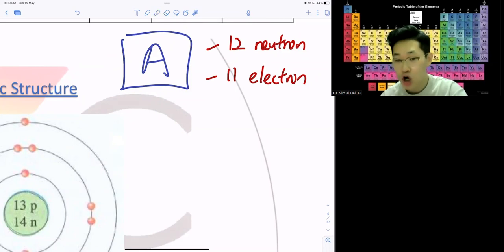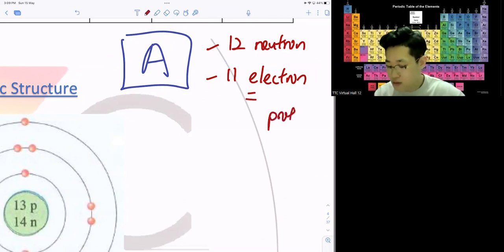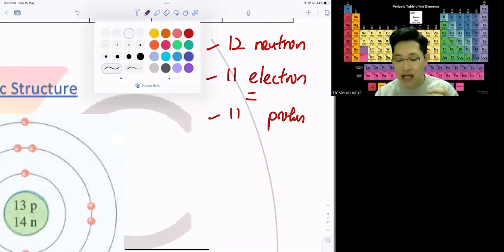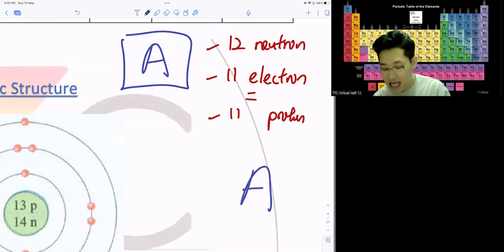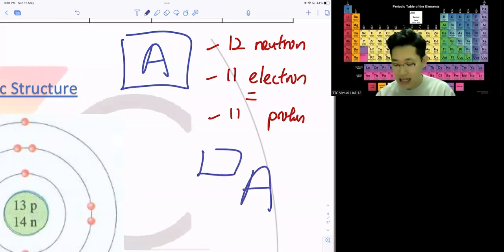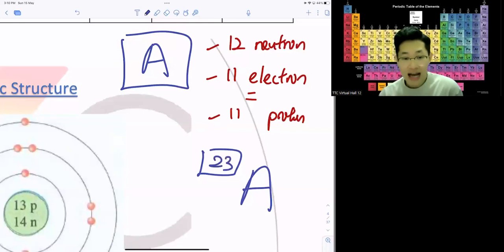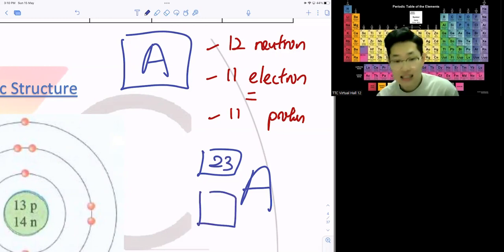Electron is the same as proton. Electron equals proton. So it's also 11, very good. So when I have to present this in the format form, I'm going to write it as A. The number on the top should be, yes, 23 on top, and then 11 at the bottom, like that.